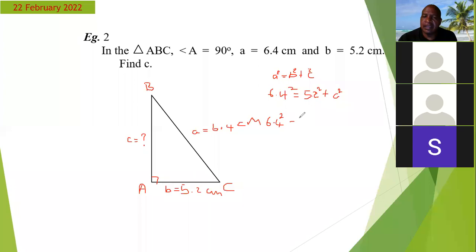So this becomes negative 5.2 squared. Oops, sorry. And that will give you C squared. All right, continue from there.